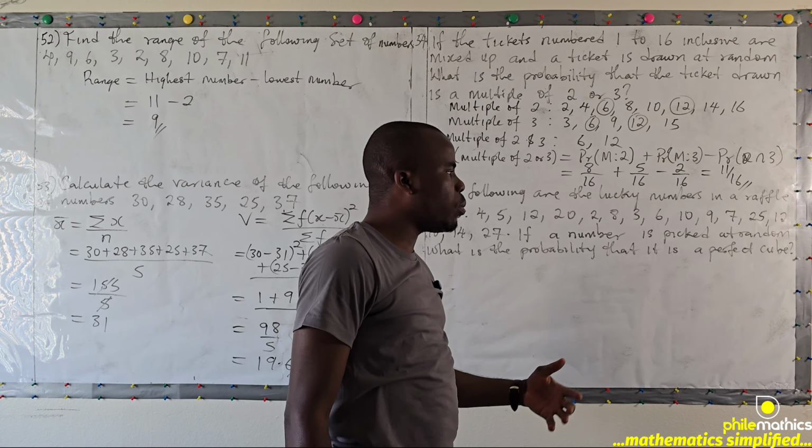For instance, 1 is a perfect cube because 1 cubed, meaning 1 times 1 times 1, gives 1. 8 is a perfect cube because 2 cubed, 2 times 2 times 2, gives 8. 27 is a perfect cube because 3 cubed, and so on.